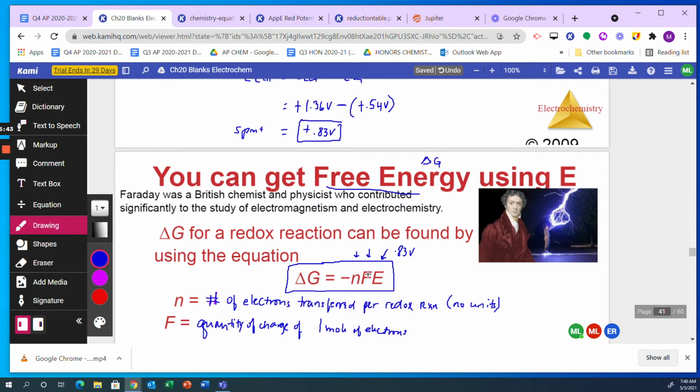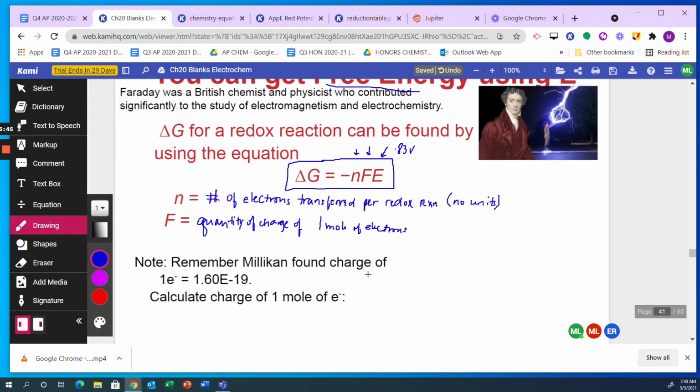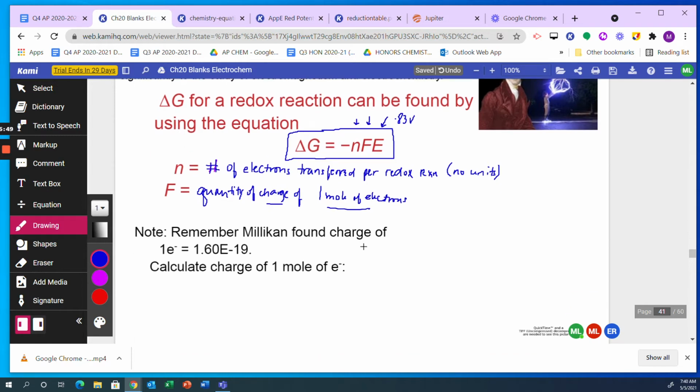Faraday's constant, we're going to calculate that now. It is the charge of a mole of electrons. So I'm thinking, well, that's easy. I know that Millikan found the charge of 1 electron, right? So all I have to do is multiply that by 6.022 E23, and that will give me the charge of a mole of electrons.